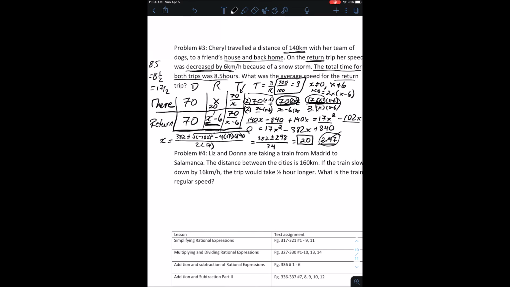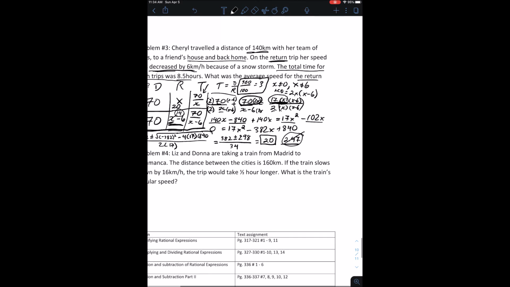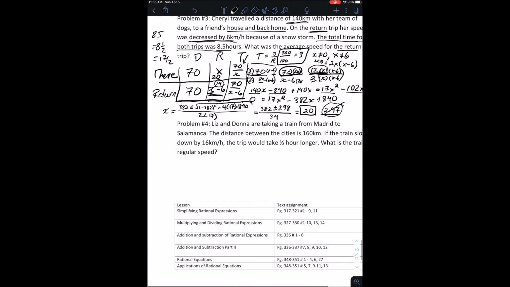And on the way back would be that 20 minus 6, so 14 kilometers per hour on the return. So the speed on the return trip was 14 kilometers per hour.